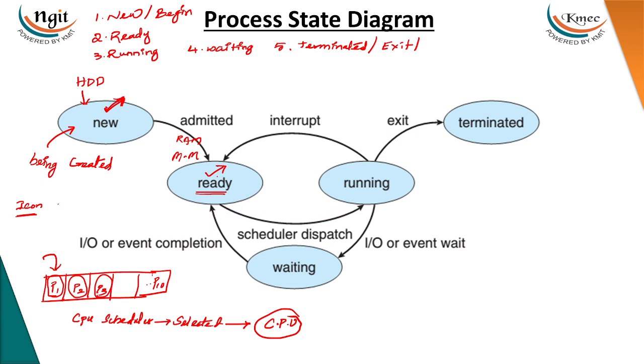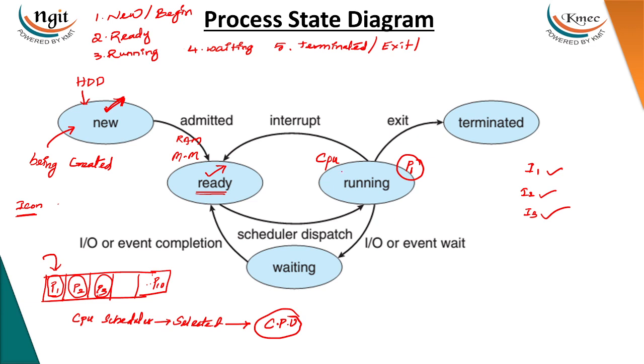That is, the process is moving from main memory to CPU. If P1 is selected, P1 will be moved from main memory to CPU. The instructions of P1 start to execute, that is instruction 1, instruction 2, instruction 3, one after another executed by the CPU.